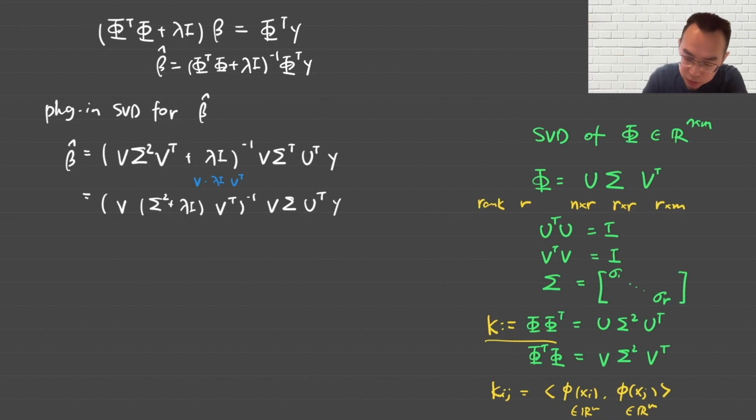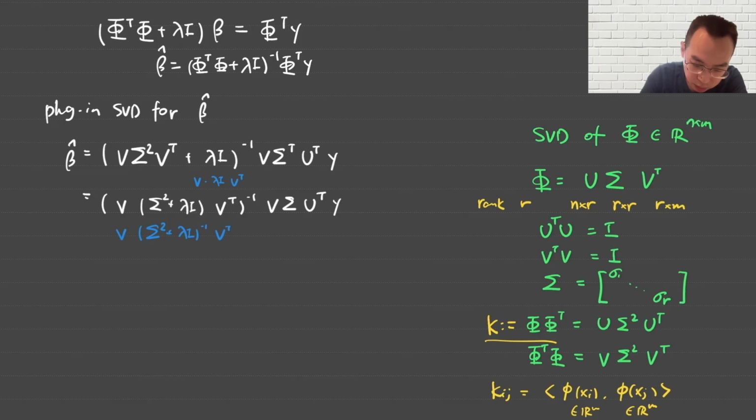This matrix here is very easy to invert. We can just invert a diagonal matrix in between, so this gives us V sigma square plus lambda I inverse V transpose. If you multiply these two together, everything cancels to the identity I, so that's the inverse.